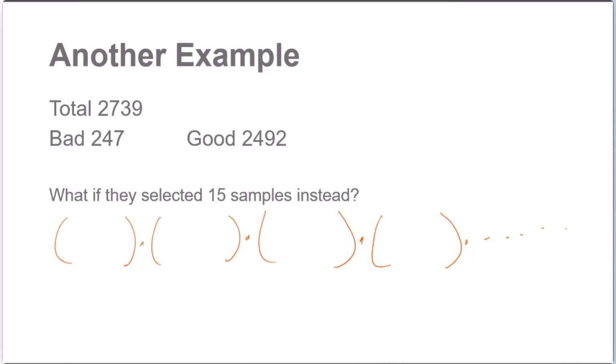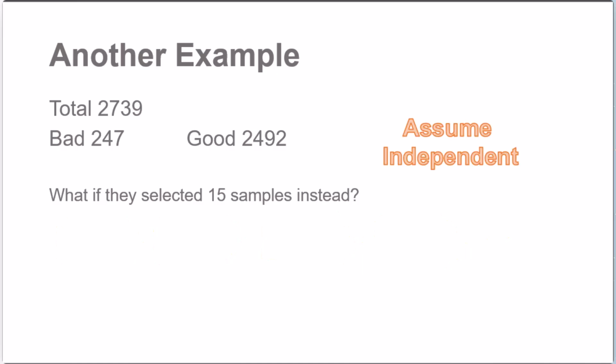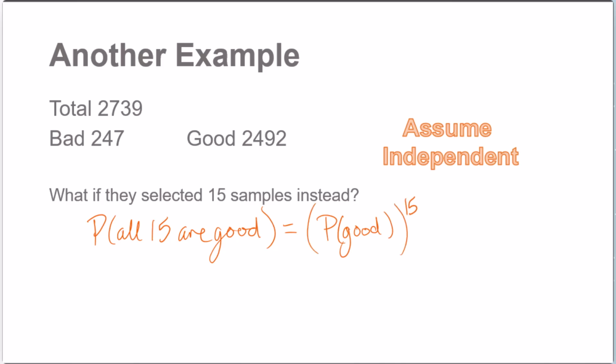Now, you could compute it, and especially using technology, it's not a huge deal, but because we know that this sampling is from such a large pool, we likely would just assume that these are independent or treat them as independent. And then we could say the probability that all 15 are good is just the probability that any one of them is good raised to the 15th power.